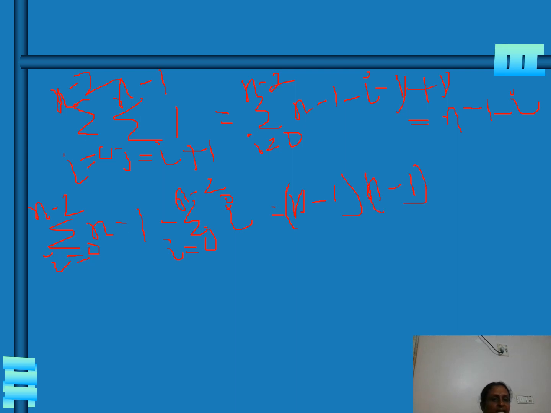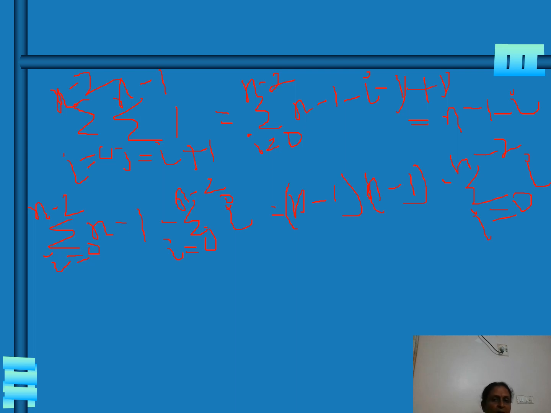Again, minus the summation of i from i equal to 0 to n minus 2 of i. So you have to simplify this.